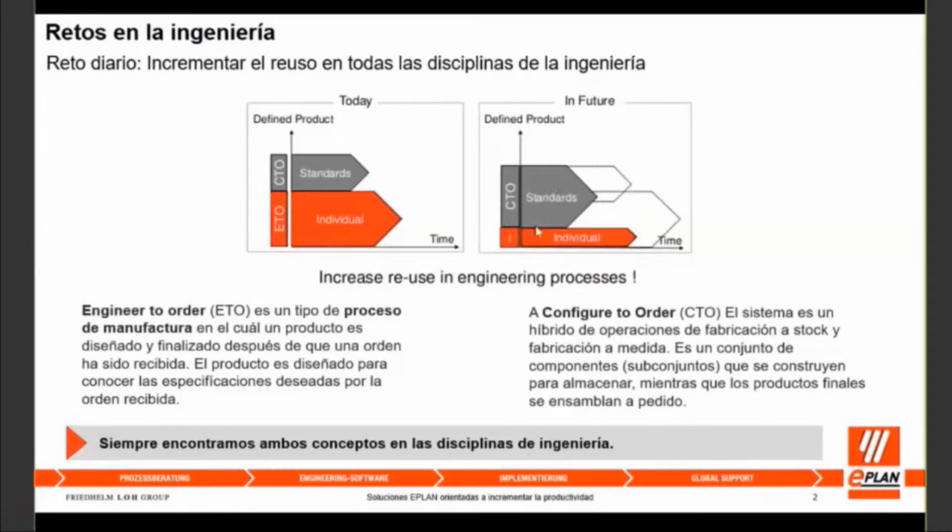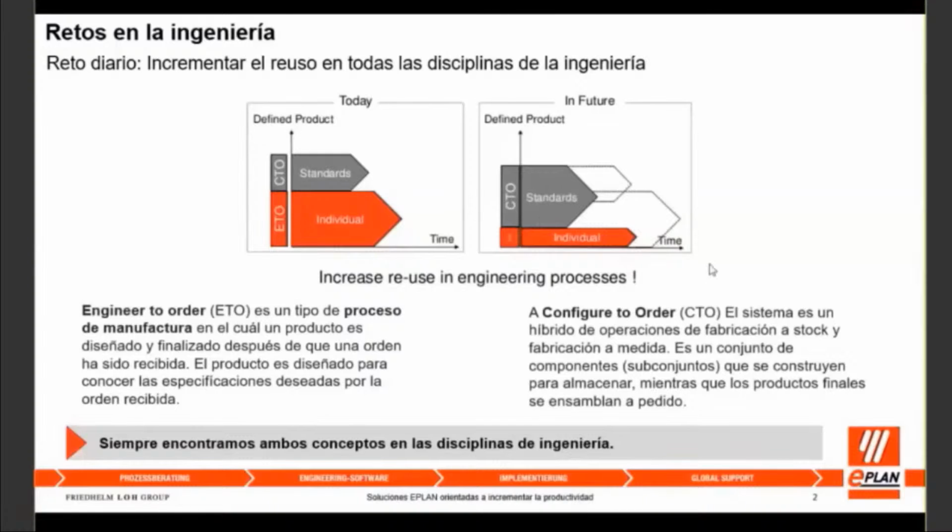Obviamente, entre mayor inversión de ingeniería estandarizada tenemos, el tiempo va a reducirse de manera considerable. Y eso nos va a ayudar a ser más efectivos y nos va a generar un ahorro de tiempo y de costos en la parte del proceso.